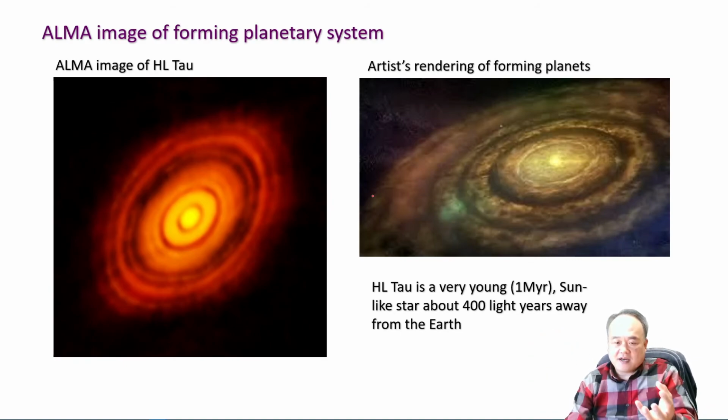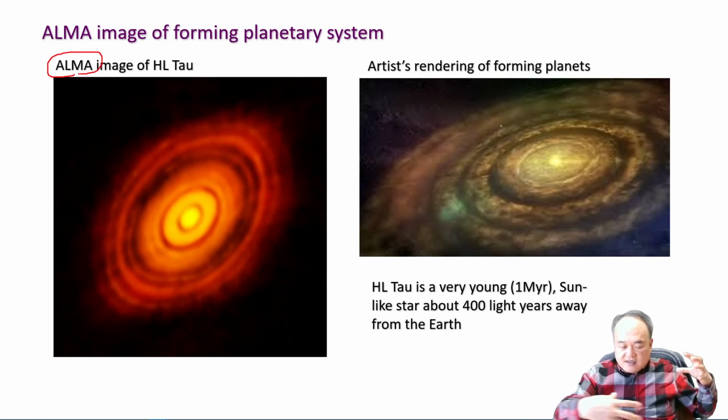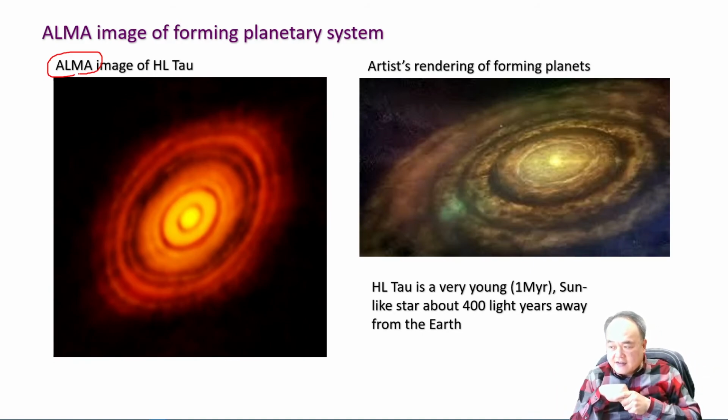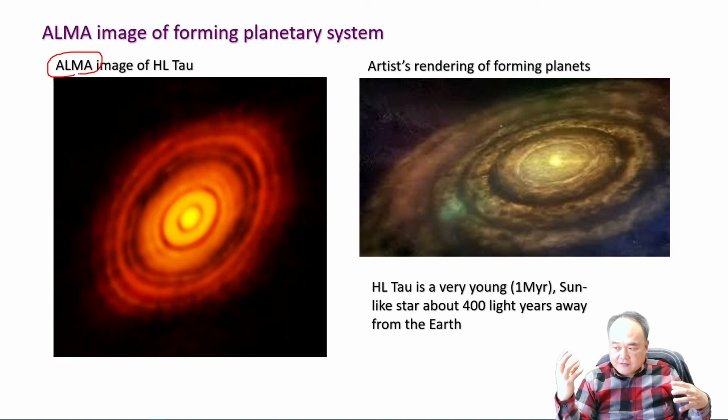ALMA has several dozen large radio dishes operated in an array environment, right? And it works at the highest frequency of radio, or the shortest wavelength range, so it can provide really high angular resolution images.